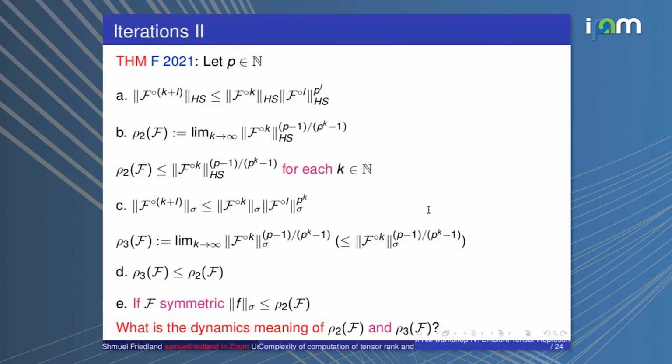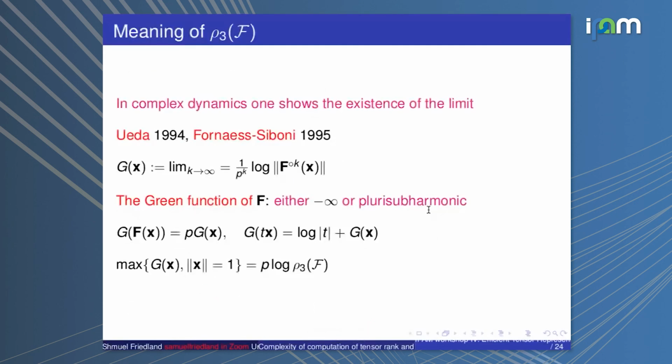The last slide I can tell you: rho 3 of f is essentially related, very loosely, to what in complex dynamics is called the Green function. But rho 2 of f, I don't know. Okay, I think this is the right way to stop.